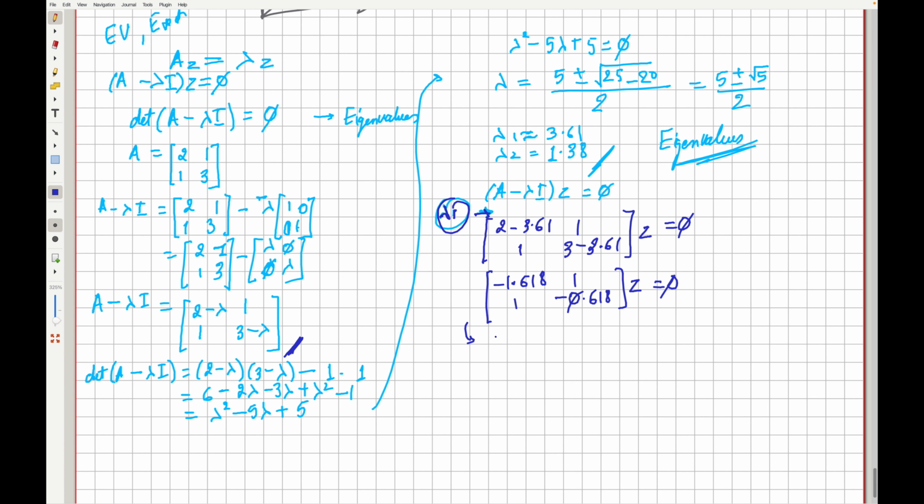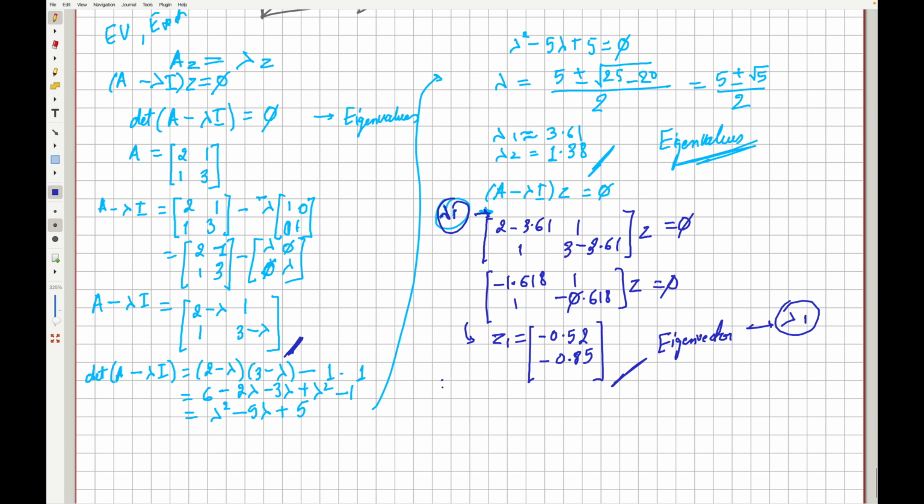If you look at z1, this would be something like 0.52 and 0.85 (minus 0.52 and 0.85 as noted). So these are the values for z1. That's our first eigenvector, which corresponds to the eigenvalue lambda 1.